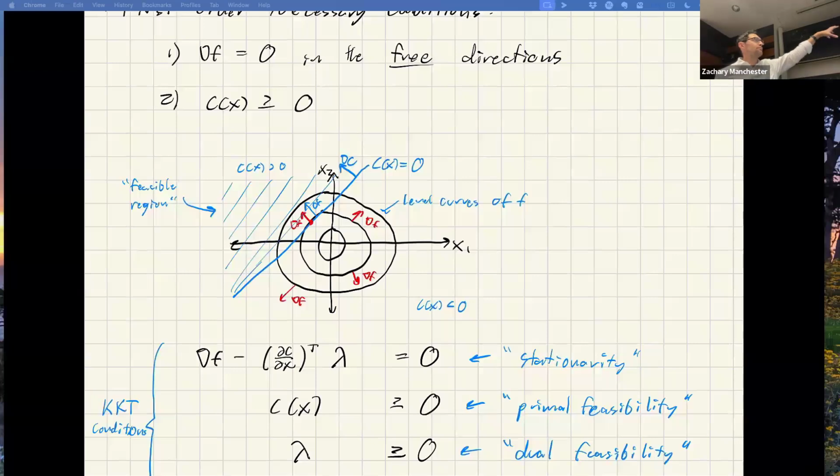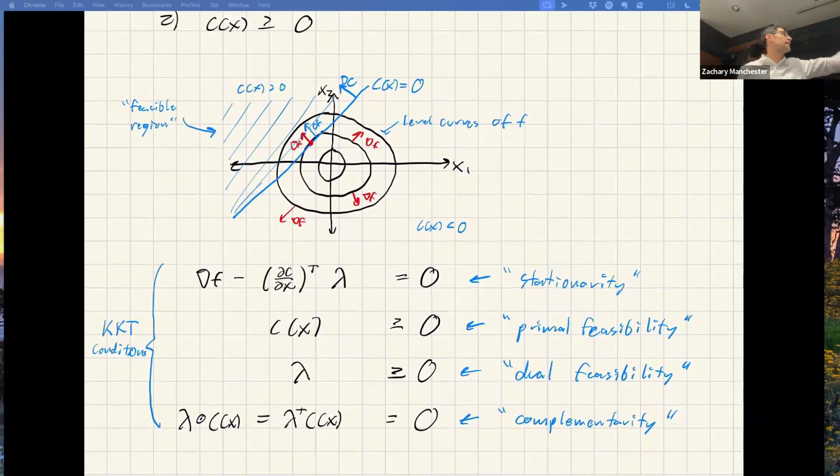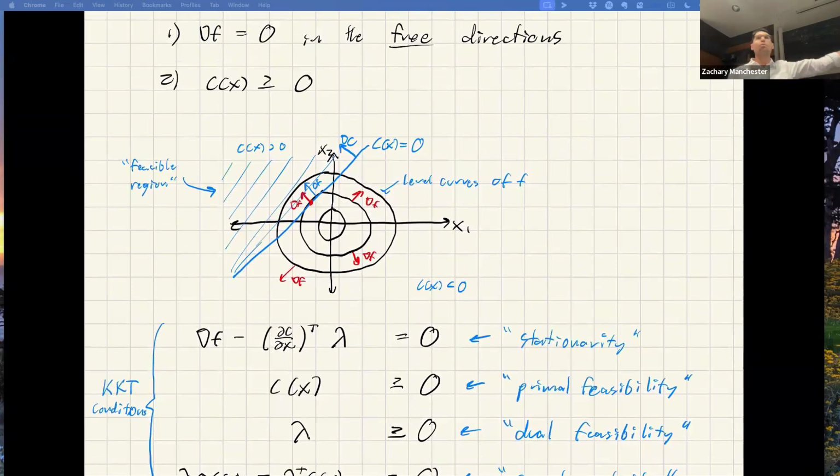If I'm in the feasible region in the interior somewhere, if the unconstrained minimizer were in the feasible region, then I would just go there. And essentially then this Lagrange multiplier term shouldn't be there, in which case the constraint is strictly greater than 0. So for the stationarity condition, I want the constraint term to drop out, and I want lambda to be 0.